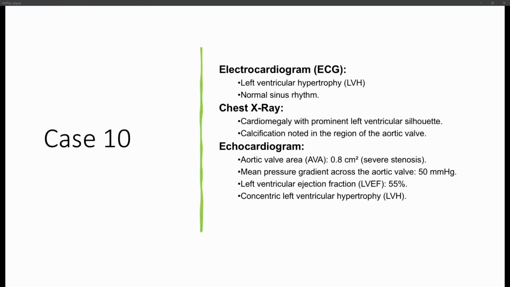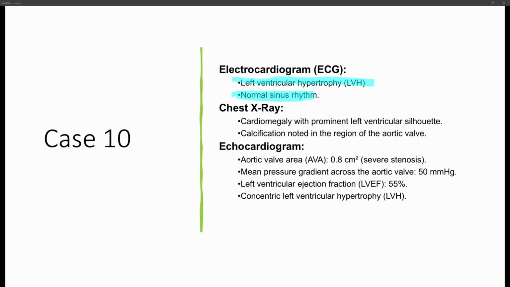Okay, electrocardiogram shows left ventricular hypertrophy. You'll know what that is when we get to EKG later on, but we can see the chamber sizes on EKG. So we're noticing that this EKG is showing signs of left ventricular hypertrophy and normal sinus rhythm.